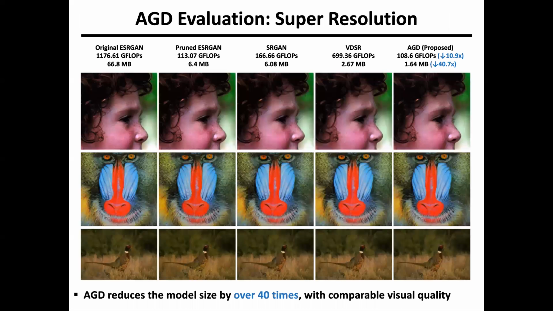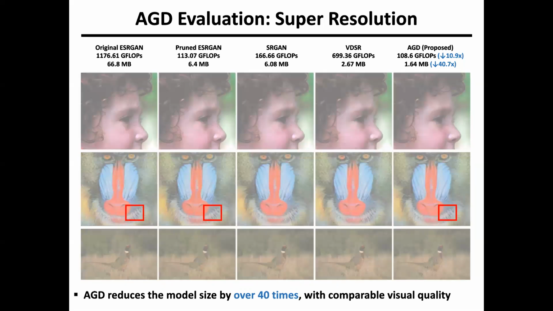Next, we evaluate our AGD framework on the super resolution task. And here, we benchmark over several SOTA super resolution methods. And note that CEC cannot be directly applied to encoder-decoder GANs due to the reliance on the cycle consistency loss. And here, we zoom in for more details.